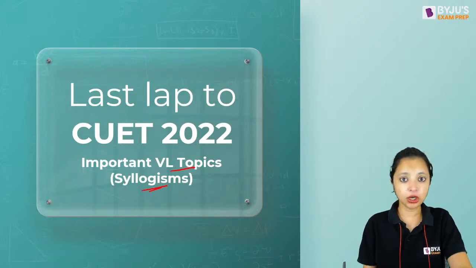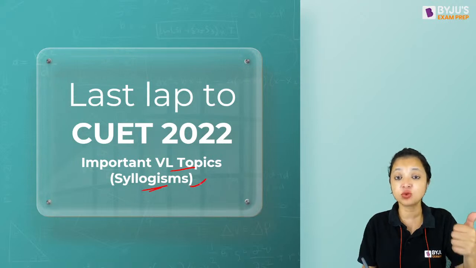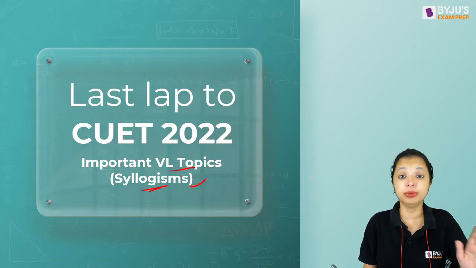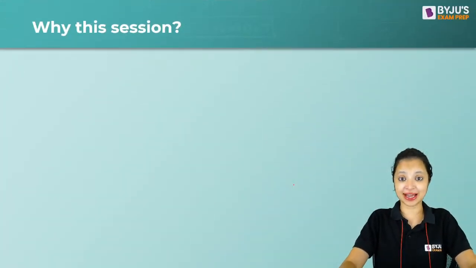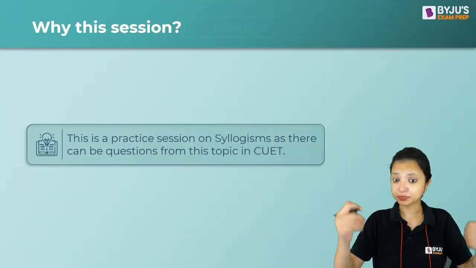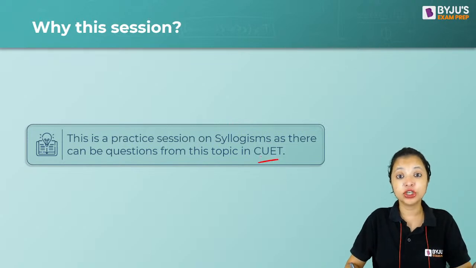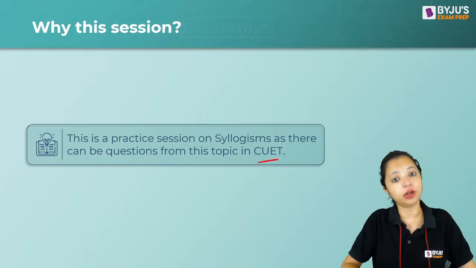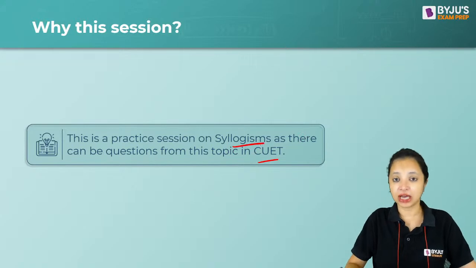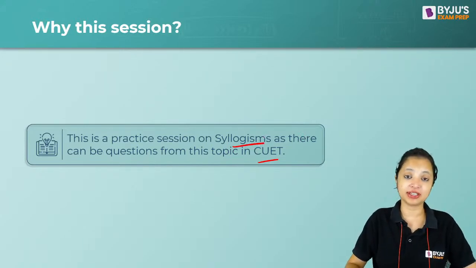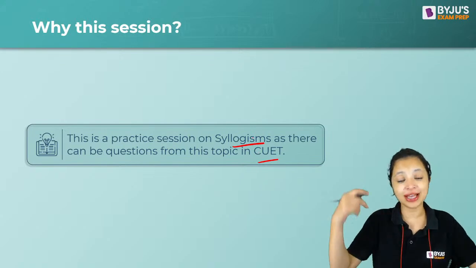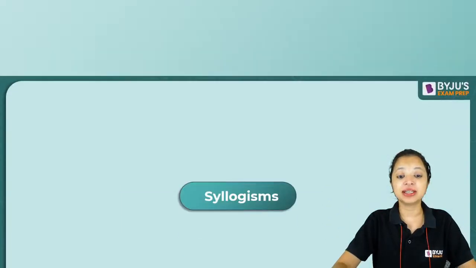And if verbal logic comes in CUET, then syllogisms is one topic that's very highly probable that is going to be coming up in the examination. So that's exactly why this session is taking place. Since CUET is inclined towards giving you verbal logic questions, syllogisms are the kind of questions that we very frequently see in competitive examinations asking you verbal logic, and that's exactly what we're going to be mastering today.